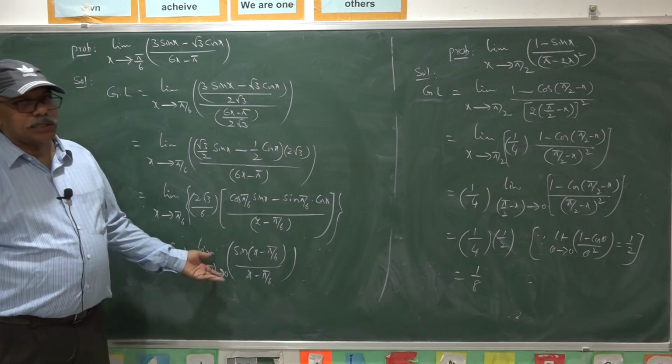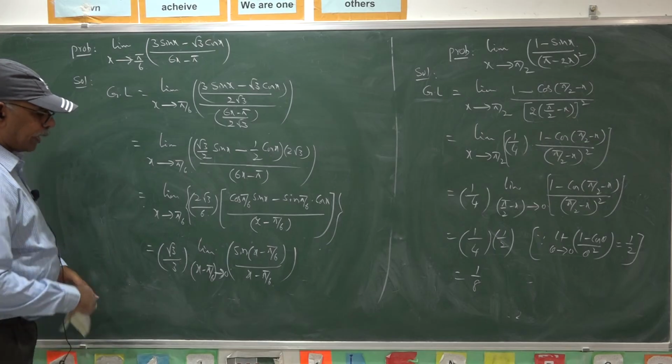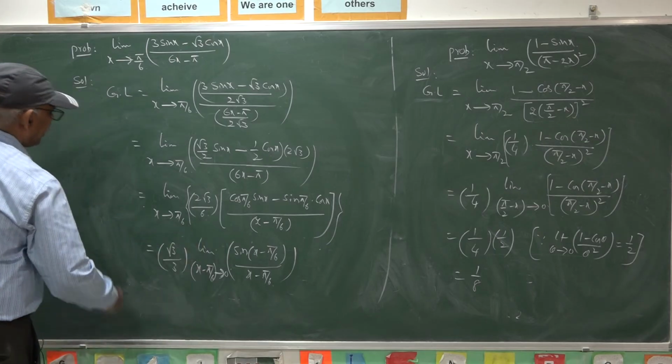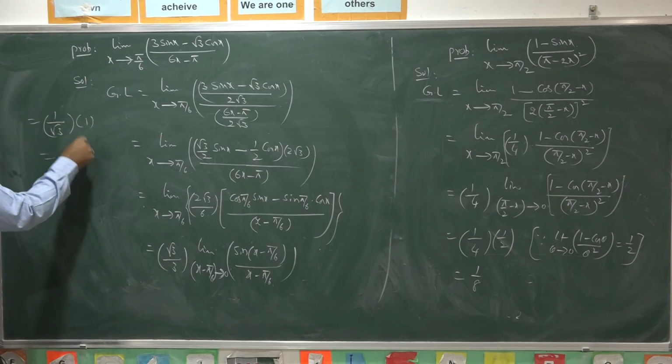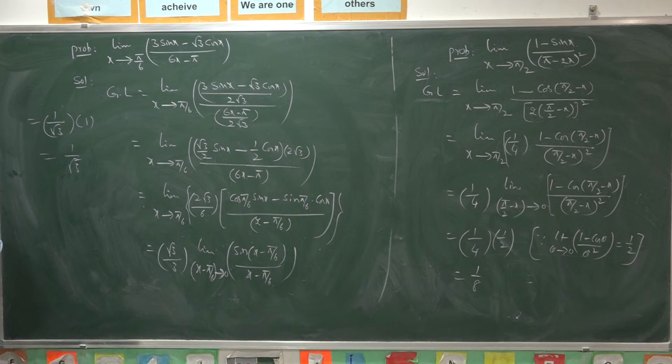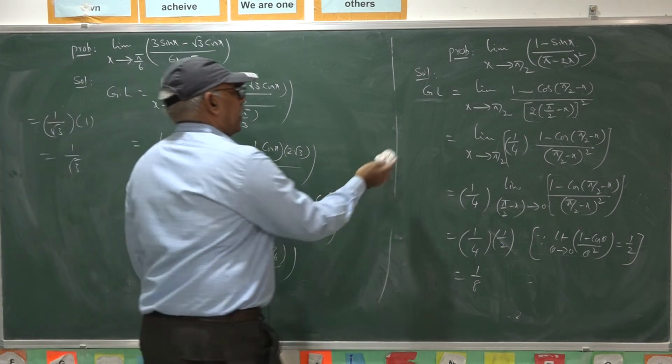Sin theta by theta as theta goes to 0 is clearly 1. So the limit takes the value 1, hence that is 1 by root 3 into 1. The required limit is 1 by root 3.